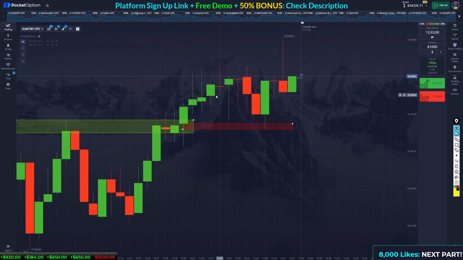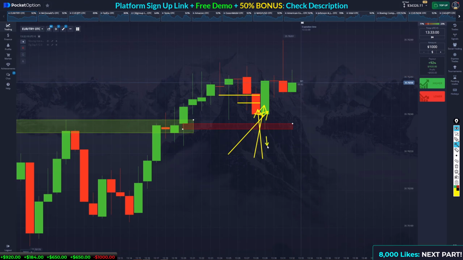So these dojis are being broken. Many of you might take this doji trade immediately, right? But after taking this doji, the price came down here to take this demand, and then boom.